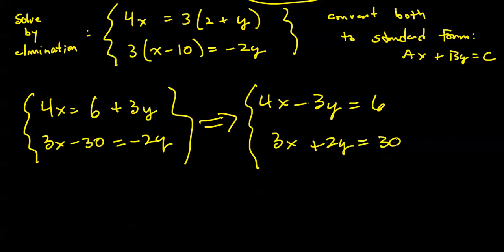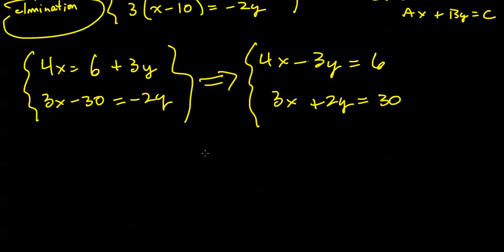Alright, so I've converted with some simple steps both of my equations into standard form. And I notice that 4 is not a multiple of 3. And similarly, 3 is not a multiple of 2. Alright, well, I'm going to have to do what I call double surgery in this situation in order to get an elimination of one variable or the other.